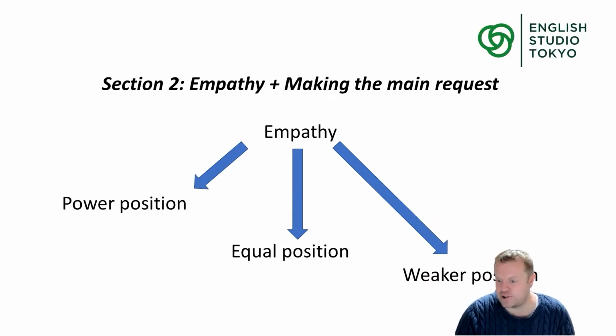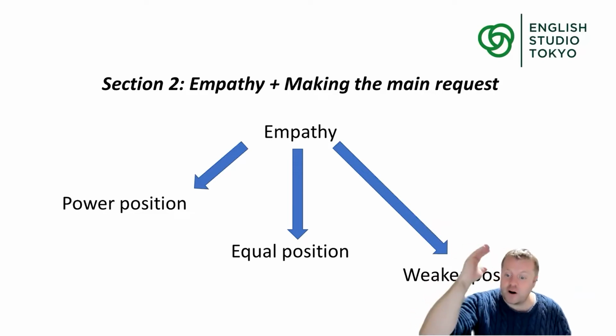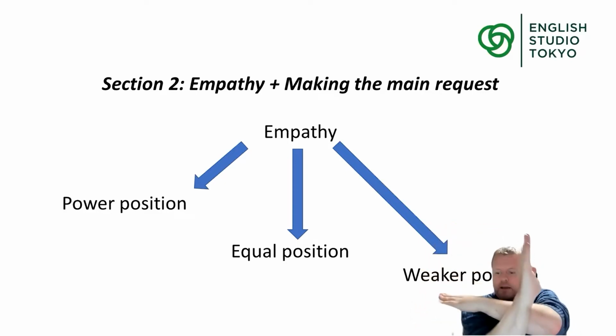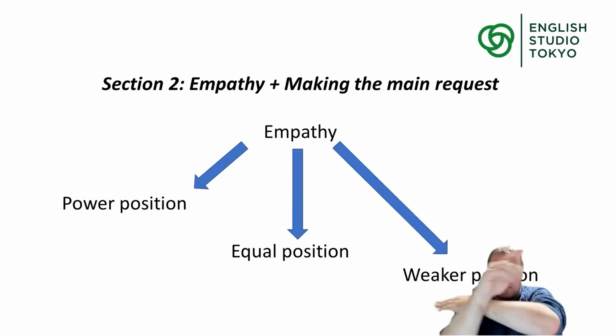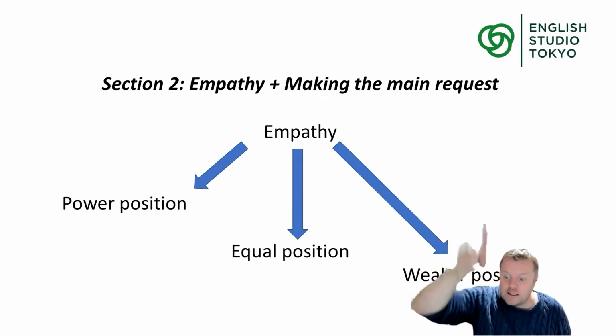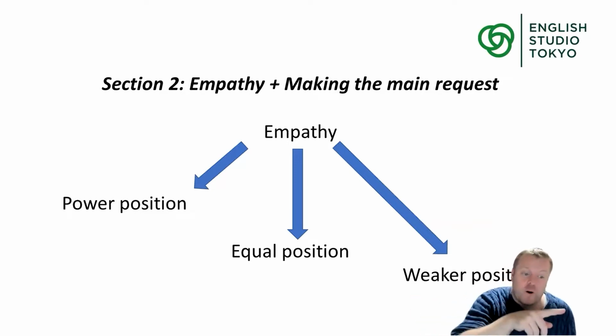Obviously, if you're the manager, if you're the boss, you're in a power position. But if your request is very big, that changes things. So I often judge on a matrix of power and size of the request.